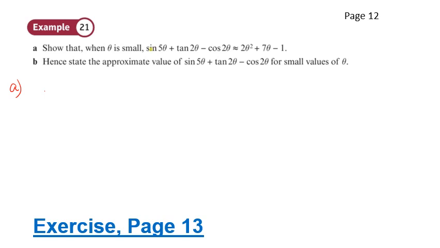I'm going to change the sine of 5 theta into 5 theta. That's the approximation for sine. Tan is another easy one to do. Tan of 2 theta is approximately equal to 2 theta. The one that's a little bit more complicated to do is the cos.